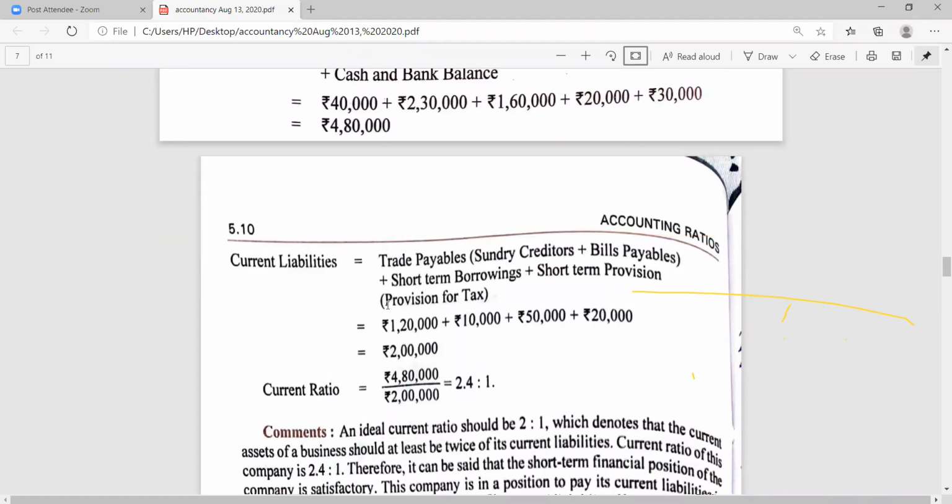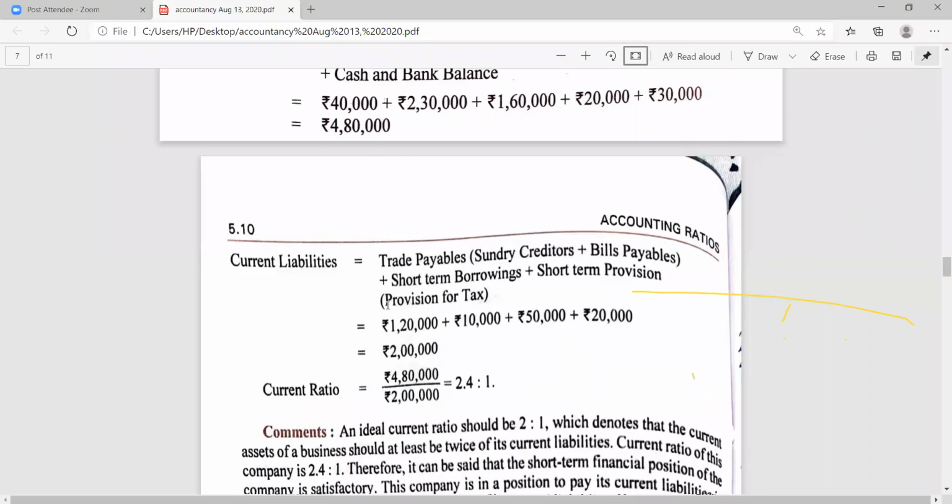I want to tell you one more important point, that the ideal ratio for the current ratio is always 2:1. It means if any firm or business has its assets double its liability, its short-term solvency position or liquidity position is satisfactory.